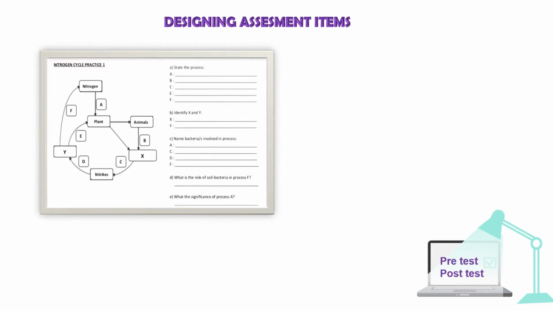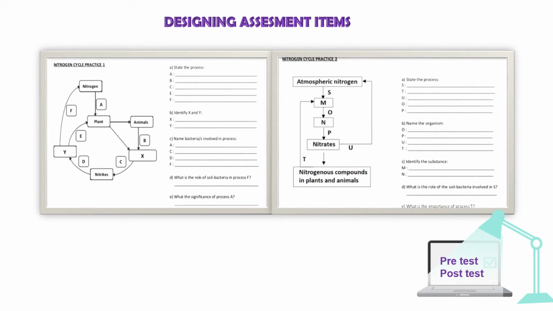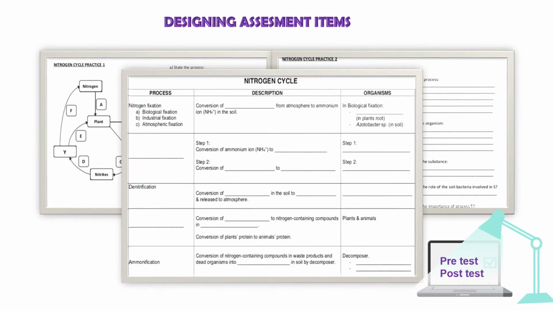To enrich the learning activities, we prepared a handout, practice 1 and practice 2. Those are also the items for the pre-test and post-test. We also provide a table to evaluate how students apply FixNitri DeAssiAmmo Home to complete the task.